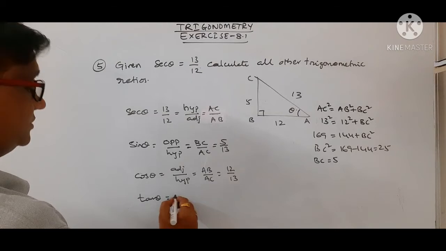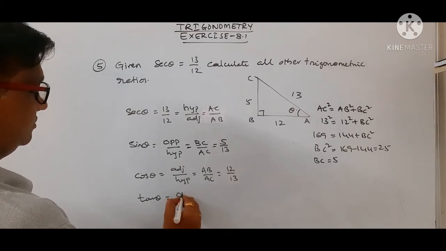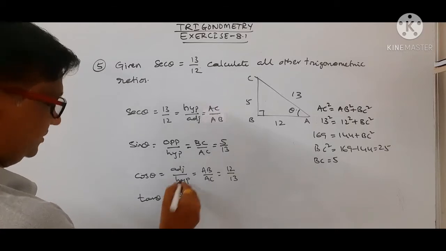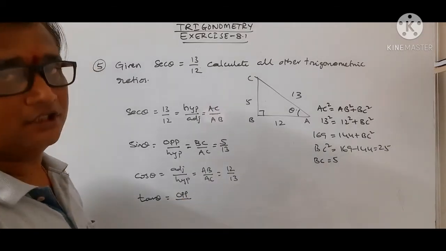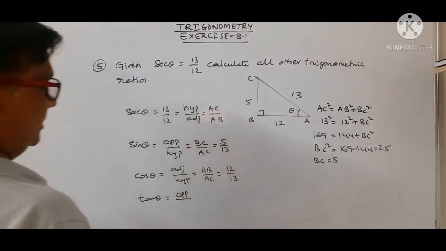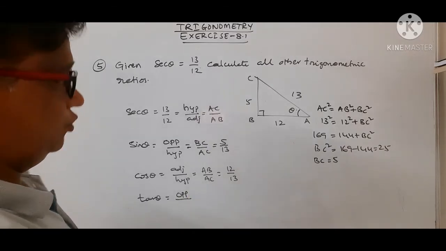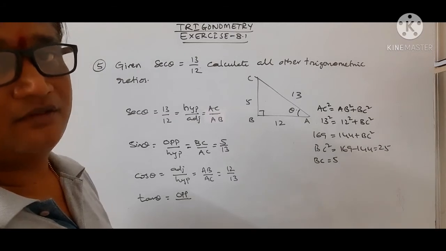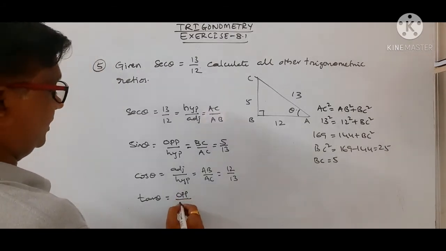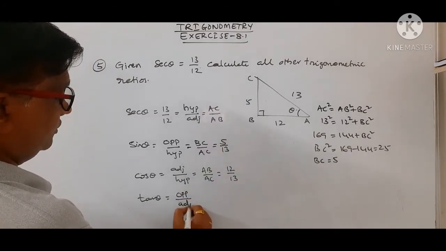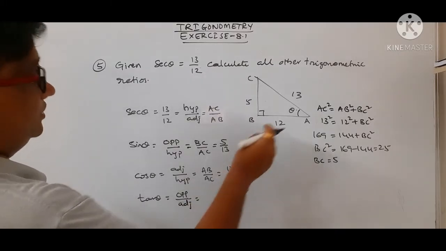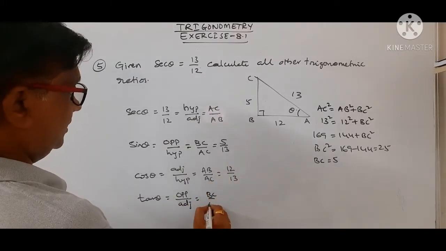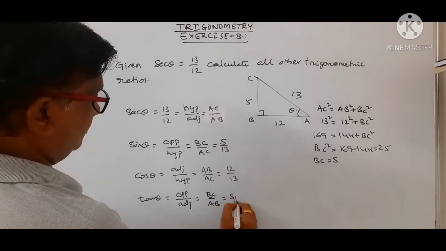Tan theta, opposite by adjacent. In this exercise you can write all these things, sir. From the next exercise onwards there is no need to write, you can understand. You can write it directly. In identities, there is no need of these Pythagoras and ratios. Direct formulas are there, and with the help of formulas you can find the answer. So opposite by adjacent, that is tan theta. BC by AB, so 5 by 12.